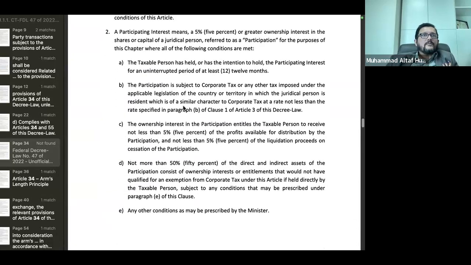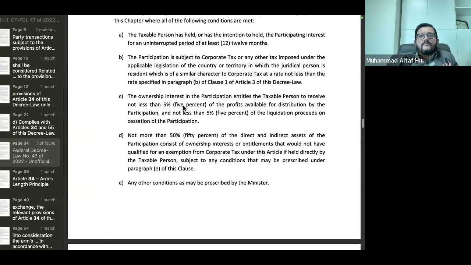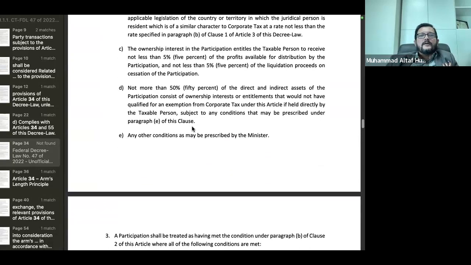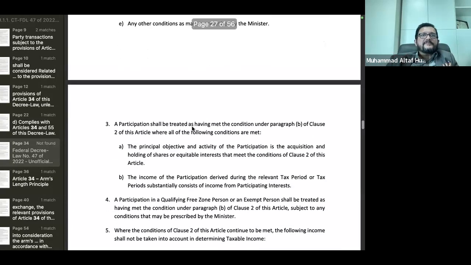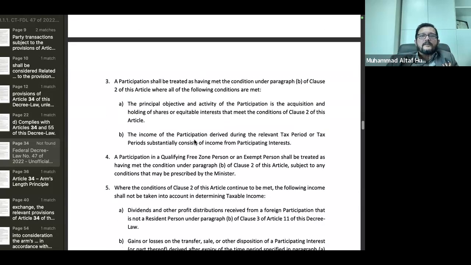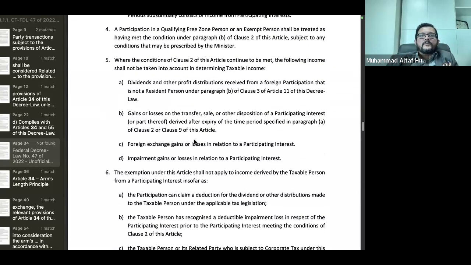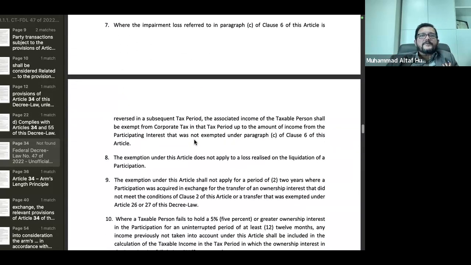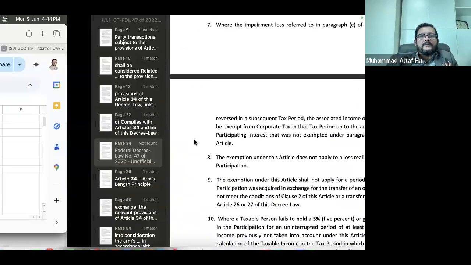The language is very complex, so we'll have to give separate time to understand the wording of it. It will take some time just to read this article.